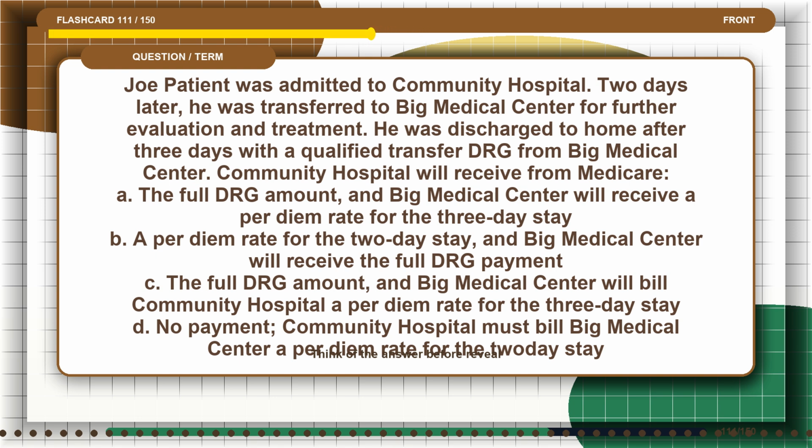B. A per diem rate for the 2-day stay, and Big Medical Center will receive the full DRG payment. C. The full DRG amount, and Big Medical Center will bill community hospital a per diem rate for the 3-day stay. D. No payment. Community hospital must bill Big Medical Center a per diem rate for the 2-day stay. Think of the answer before the reveal.